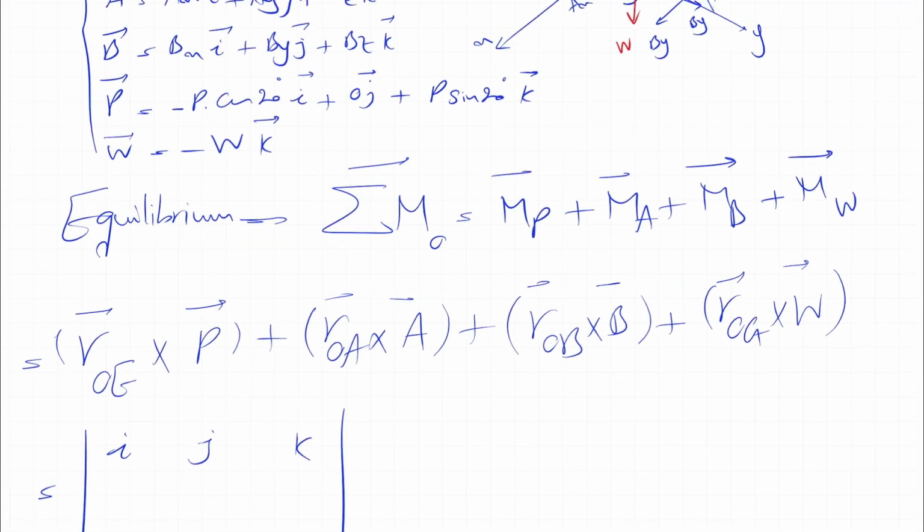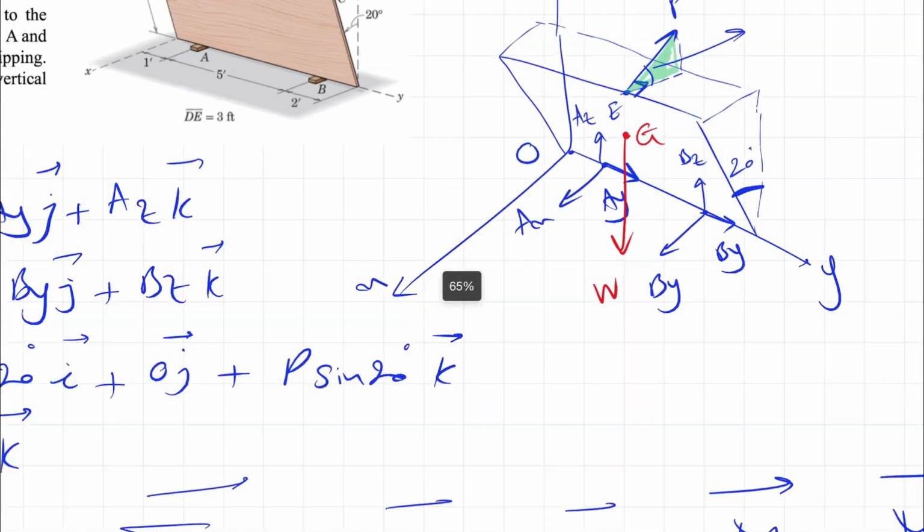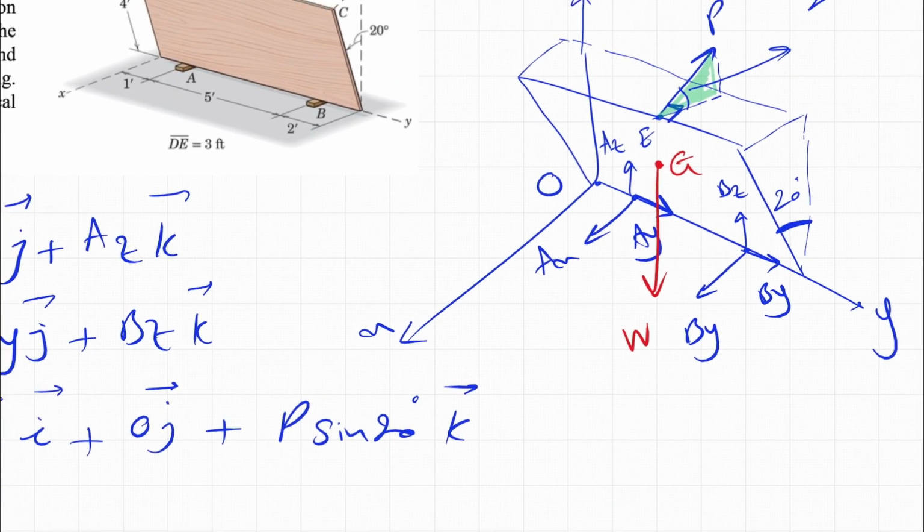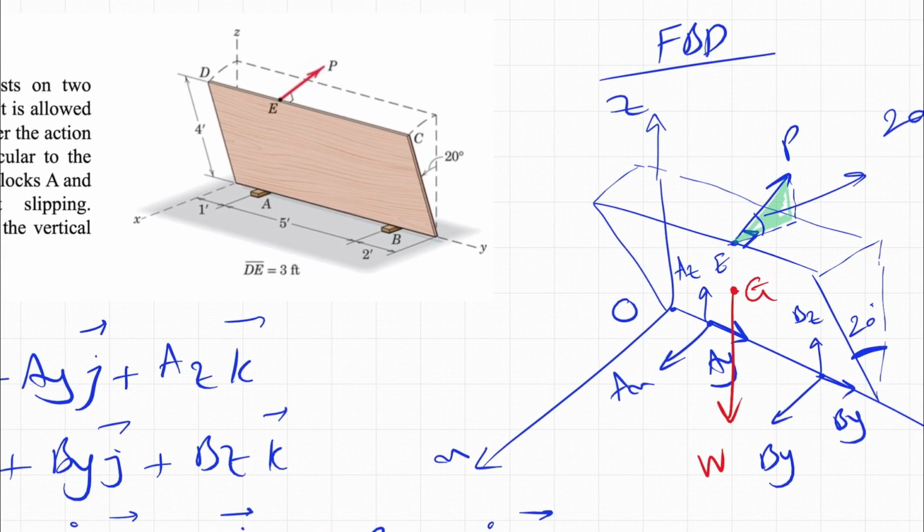So let's start with the first matrix. The first matrix would be what we have for ROE. If we look here, from the question, we know that the distance from D to E is 3 feet. So moving from O to E, I'm showing it here.